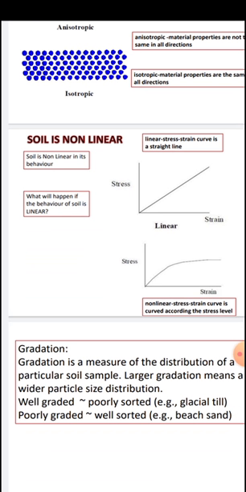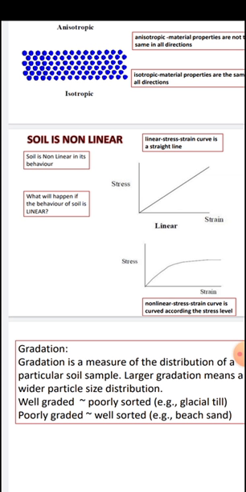So here a question arises: what will happen if stress and strain have a linear behavior? It is a question for you as well to think about: what will happen if stress is proportional to strain. As much as we have stress, the same is the proportionality of the strain. And what is strain? It is a deformation.